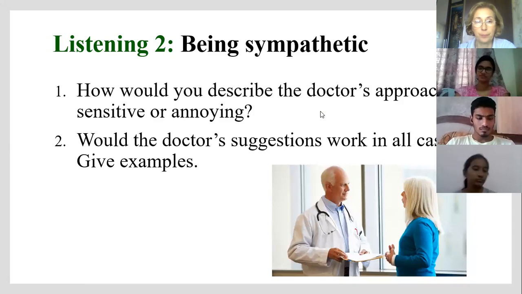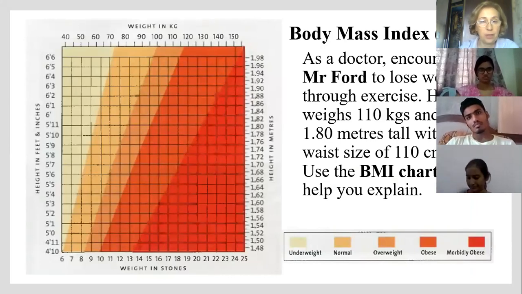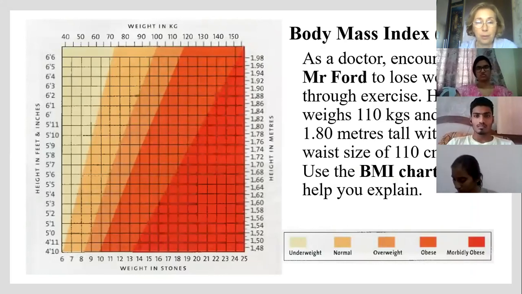Yes. Good. So now let us focus on this slide, and here we can see the BMI chart. BMI stands for Body Mass Index. And so we are going to decide how to persuade Mr. Ford to lose his weight through exercise.